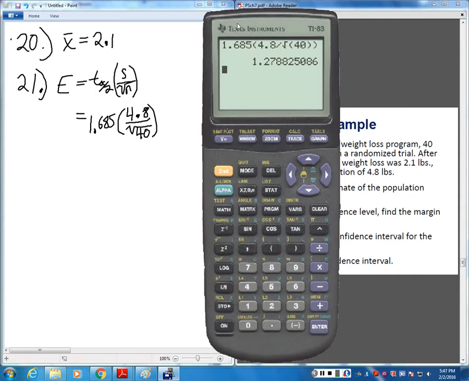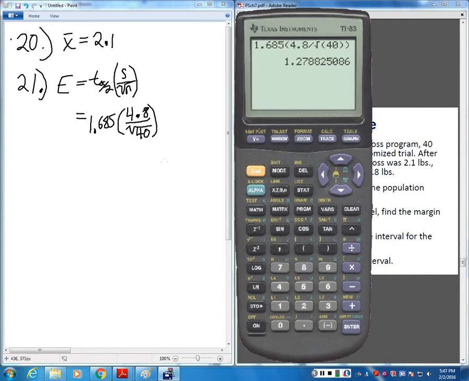And I get my answer. So the margin of error for number 21 and for this confidence interval, once I round it, of course, and we'll round it to 2 places, is going to be about 1.28.